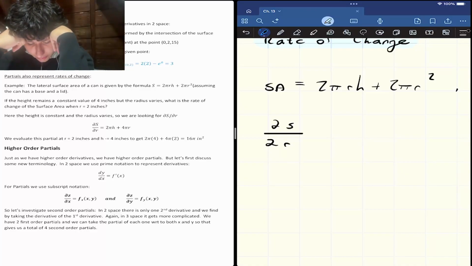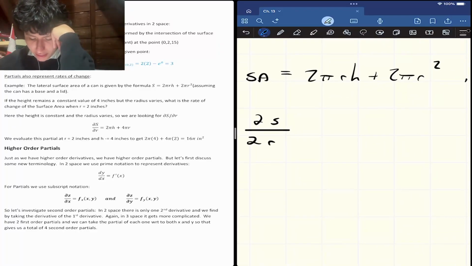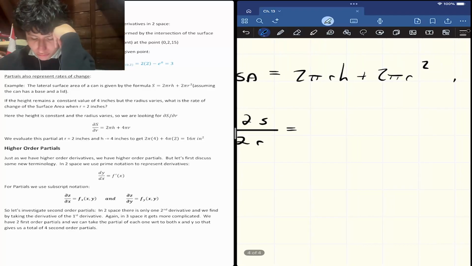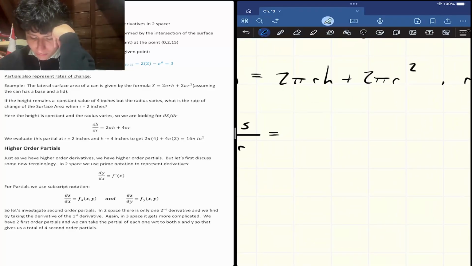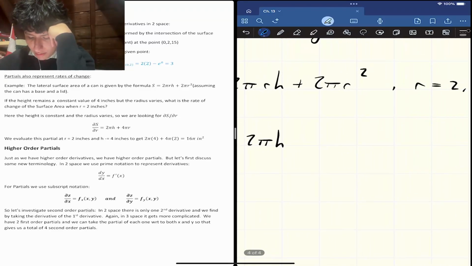It's saying the height is constant, the radius varies, right? We're trying to find out what the rate of change of the surface area is when r is equal to 2 inches. In this case, when we find that partial, that 2 pi h, that h is a constant, so this would be 2 pi h, right, plus now 4 pi r.